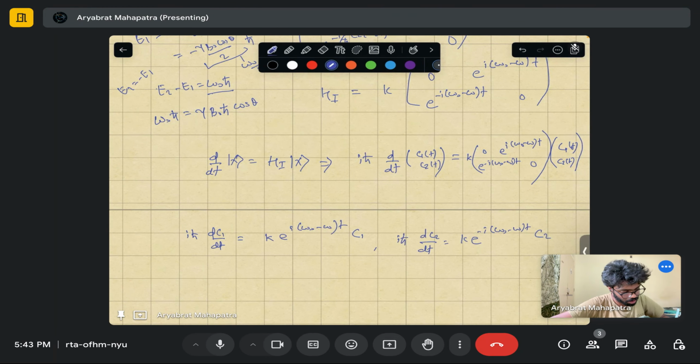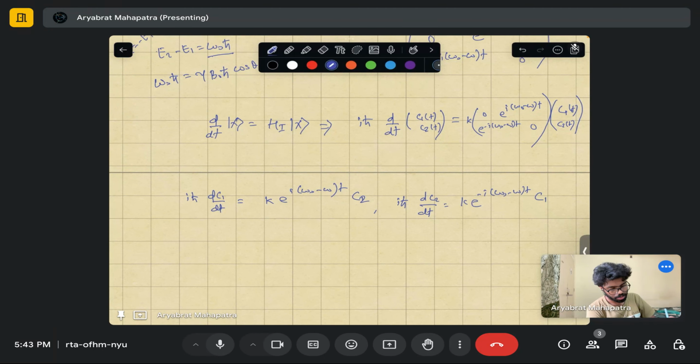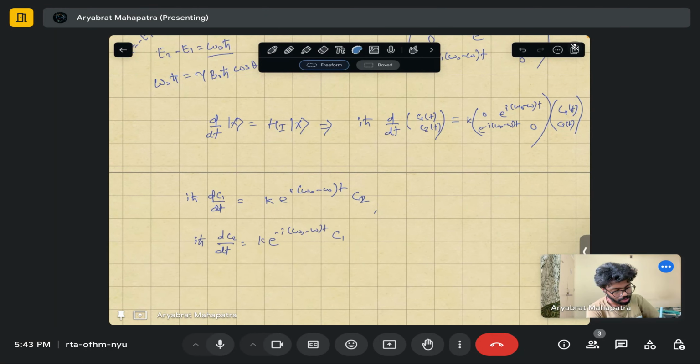Sorry, this will be C2, this will be C1. So this is the differential equation you get when you solve this.